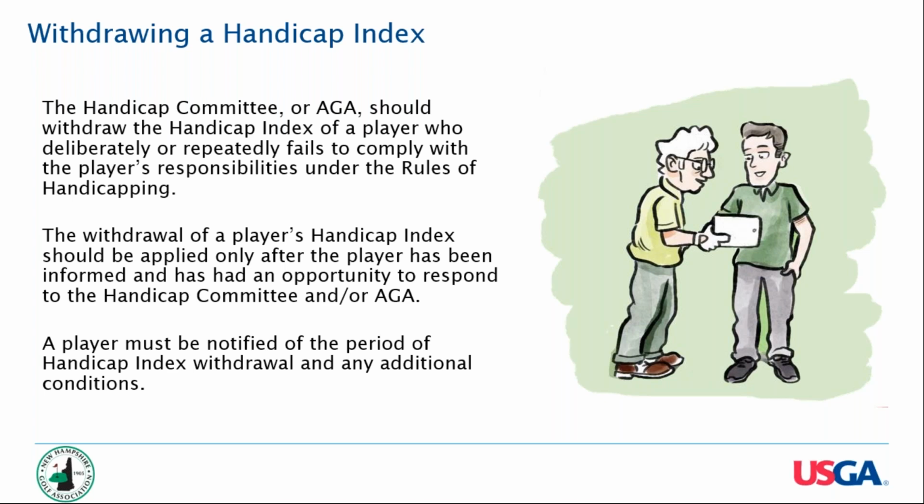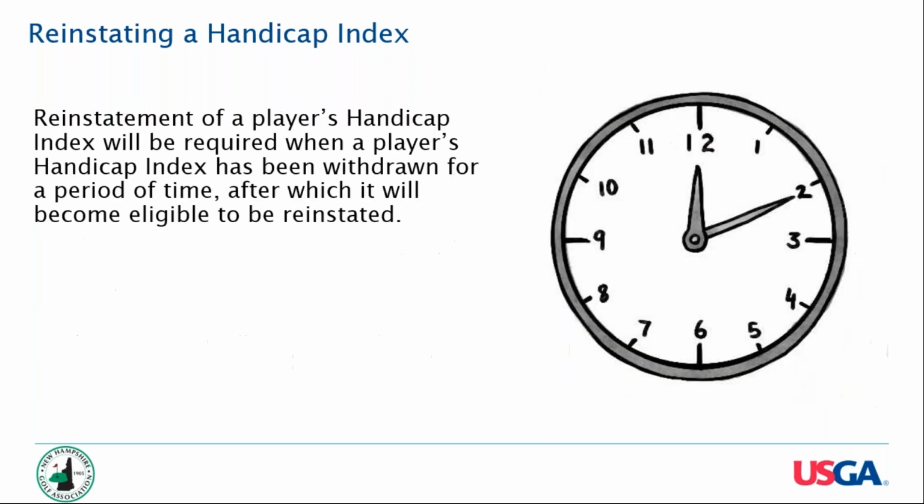The withdrawal of a player's handicap index should be applied only after the player has been informed of and has had an opportunity to respond to the handicap committee. So we have to let that player know, and they have to be made aware of the period of the handicap index withdrawal and any additional conditions.